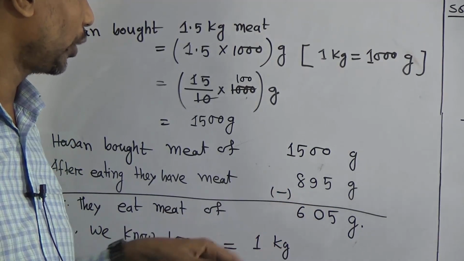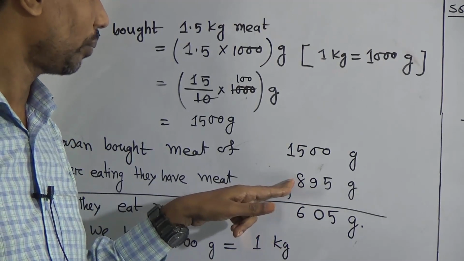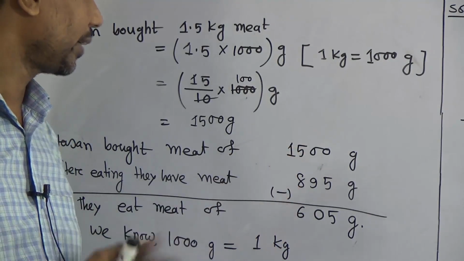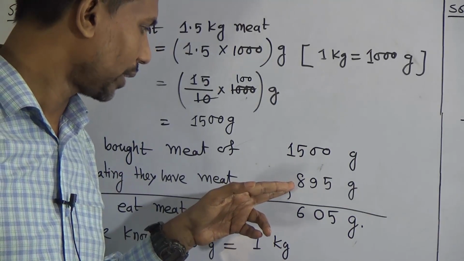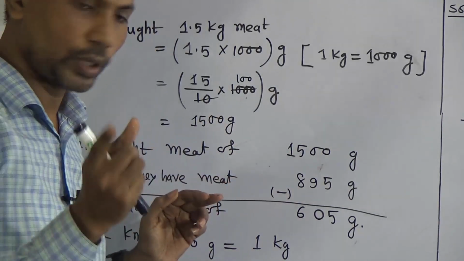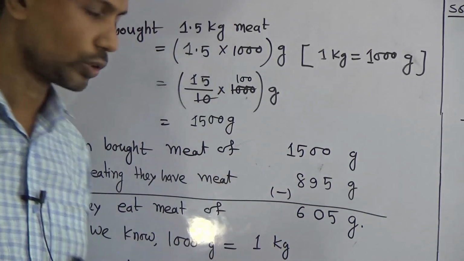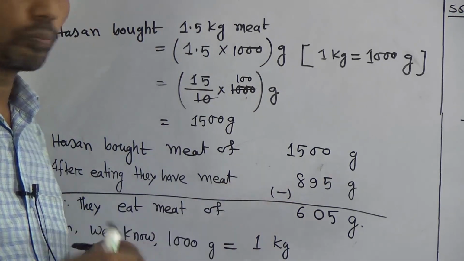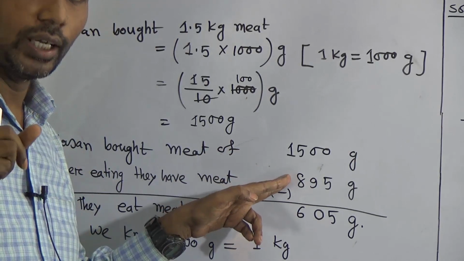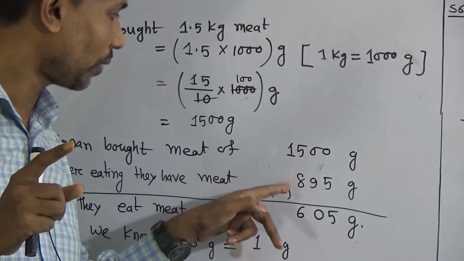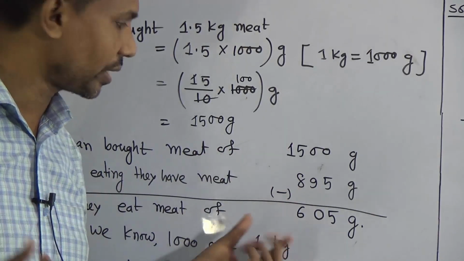Then you have 1 in your hand, 1 plus 1, 1 plus 8, 9. 15 minus 9 equal to 6. And you have 1 in your hand, 1 minus 1 equal to 0. Because you have 1 in your hand, adding with 0, 0 plus 1 means 1. Now subtract 1 from 1, that means 0. No need to write here 0.